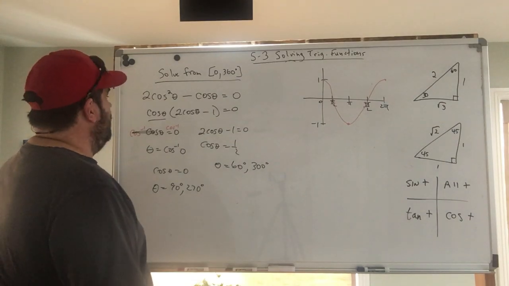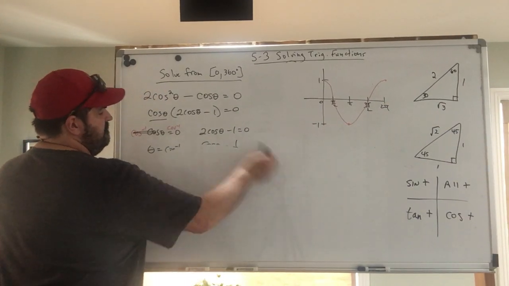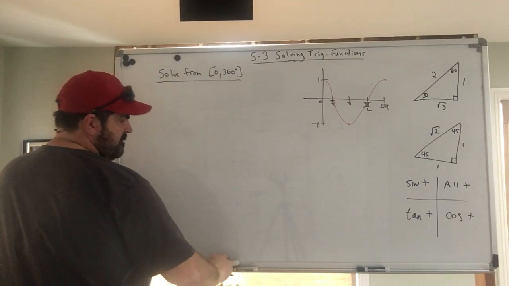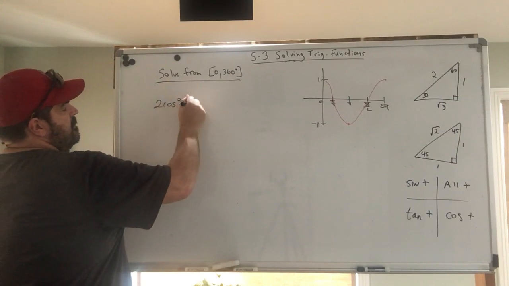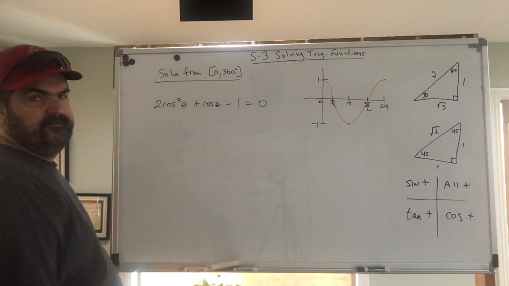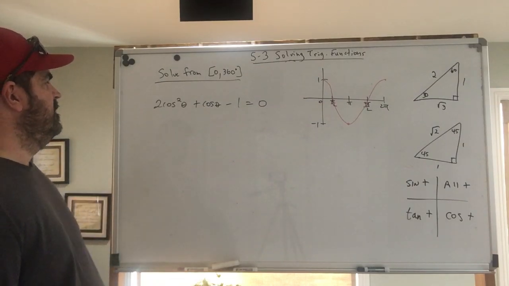Okay? All right, so there's one problem. Let me show you another. Sometimes ones that are factorable, like this one. Now this is different than the last one in that there's that 1.